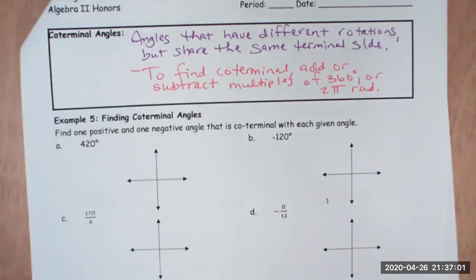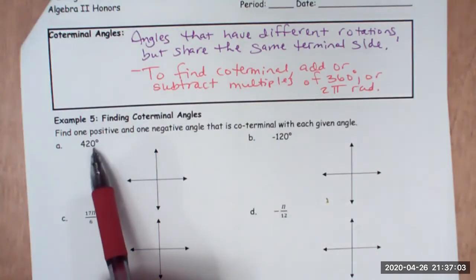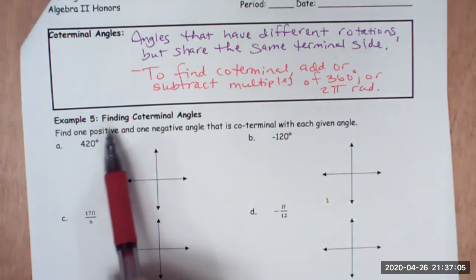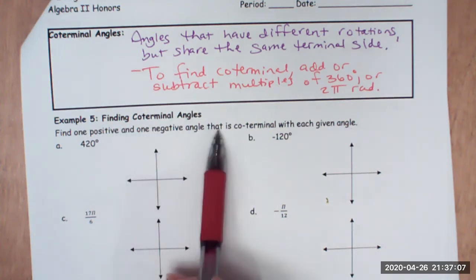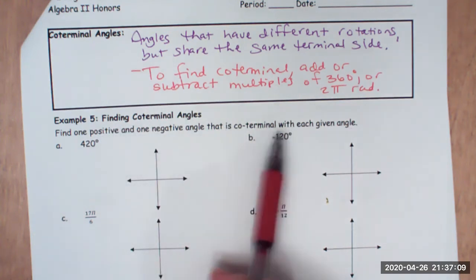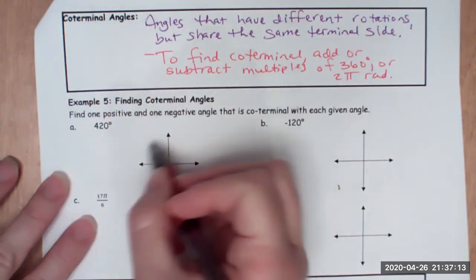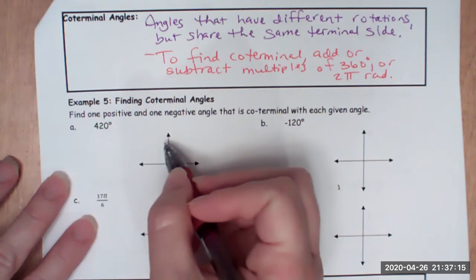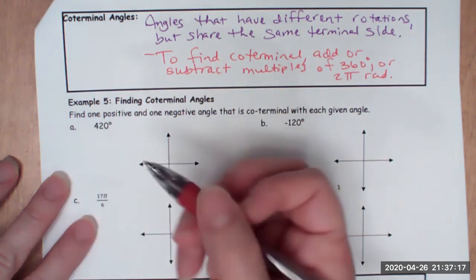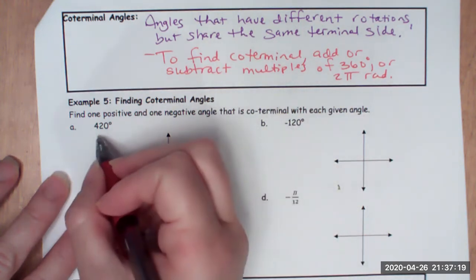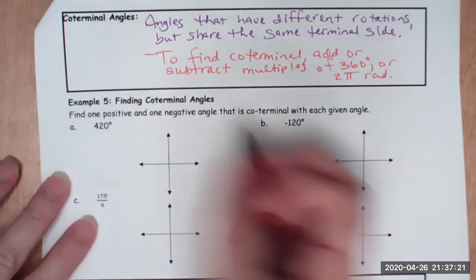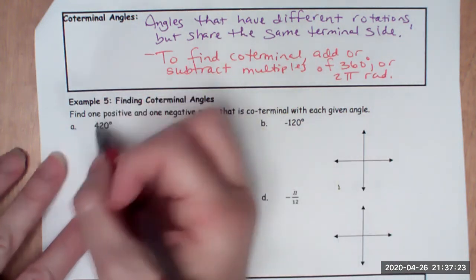So let's see here, for example, for this 420 degree angle. We're going to find one positive and one negative angle that's coterminal with each of these angles. Now, in order to do this, I don't need to draw this, but I'm going to just to visualize it. But all you really need to do to find coterminal angles is just add and subtract 360.